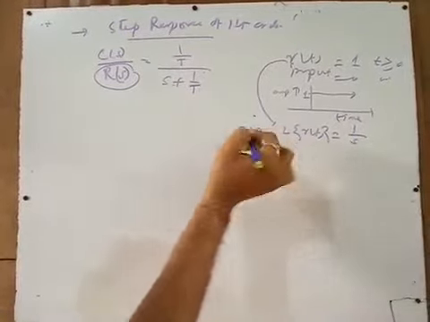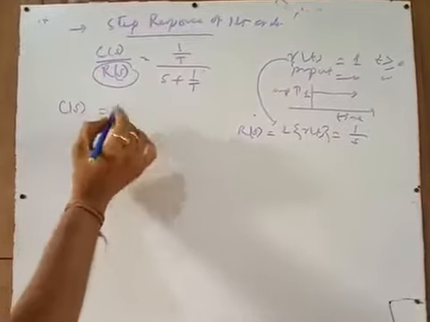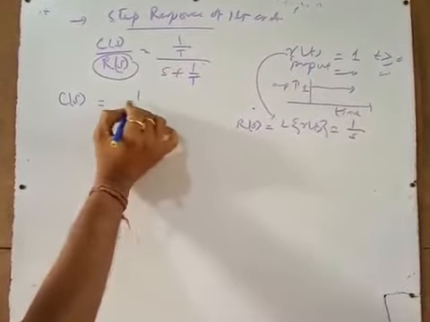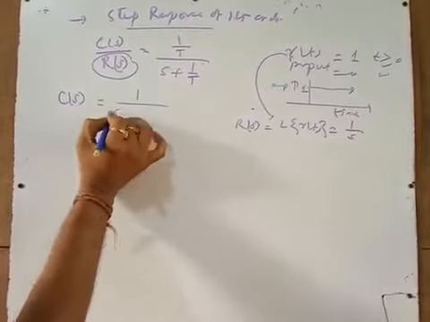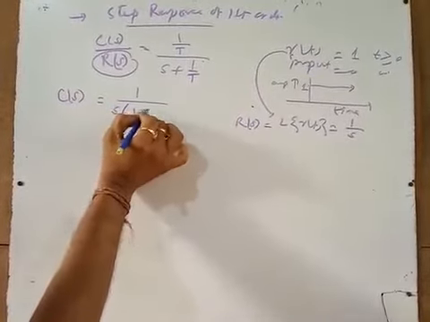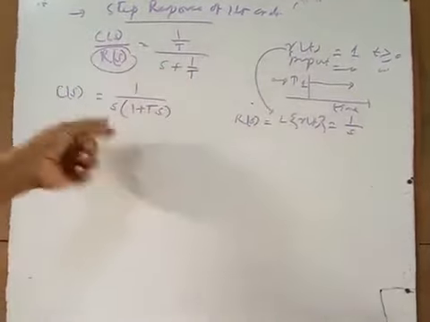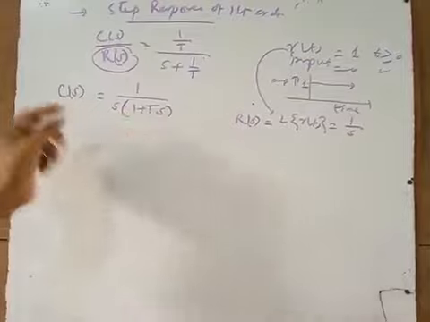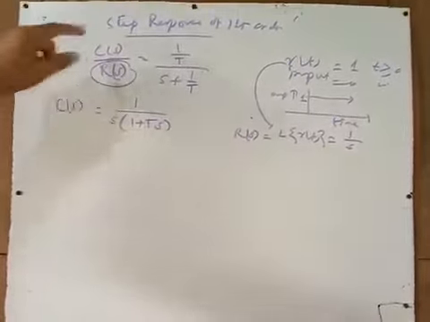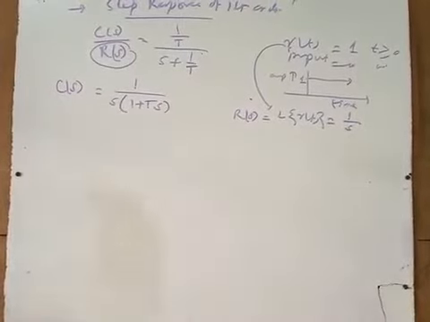Just put this value there and you get the output C(s) equal to 1 by s into 1 plus Ts. I am just multiplying these terms, and since C(s) by R(s) is 1 by 1 plus Ts and R(s) is equal to 1 by s, on simplification you will get 1 by s into 1 plus Ts. So this is your C(s).